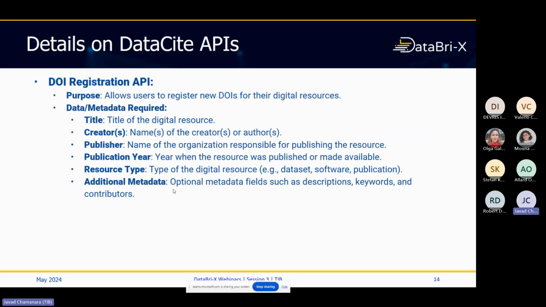Like, for example, for the DOI registration API, you can allow users to register a DOI, providing title, creator, publisher, publication year, resource type, and additional metadata based on resource type, and then send them via HTTP request to the APIs and get the response back, and then be sure that it will appear in the landing page for that DOI later on after approval.